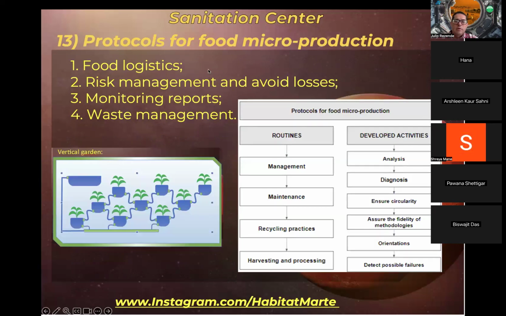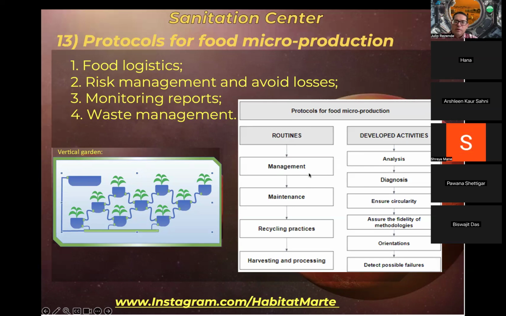Related to food microproduction, we imagine topics related to food logistics, risk management and avoiding losses, monitoring reports, and waste management. Here are the protocols for food microproduction on Habitat Marte that would also be replicated in Rio Station on Mars, for example.